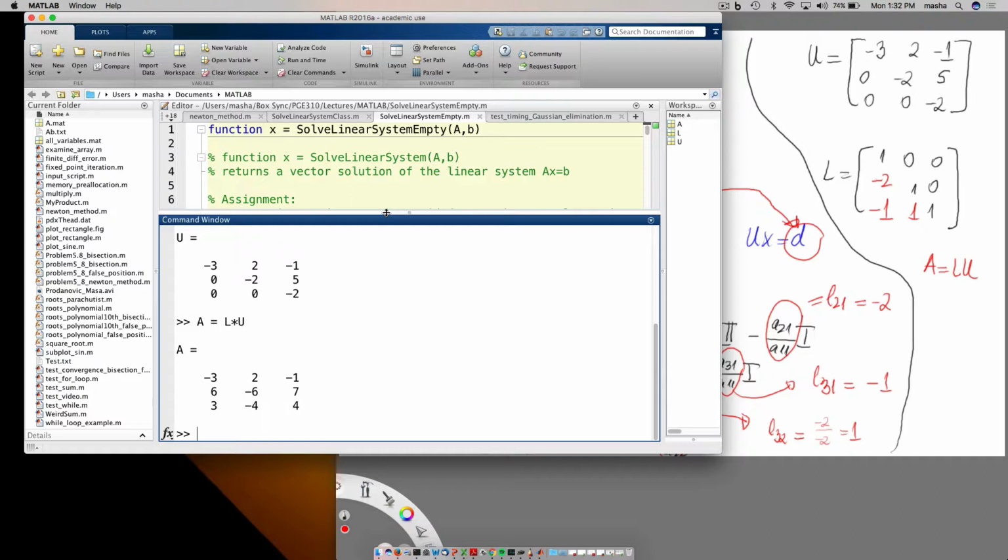But as long as L times U is equal to A, you can work with that. If you switch the rows, you will probably switch the rows in the ultimate A, and L and U will not necessarily remain lower and upper triangular.